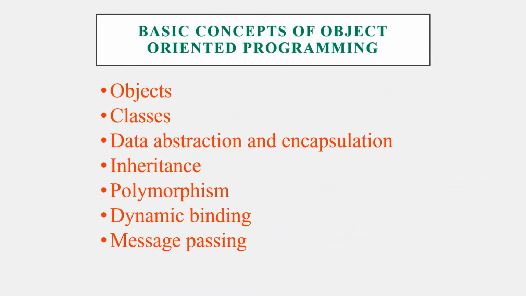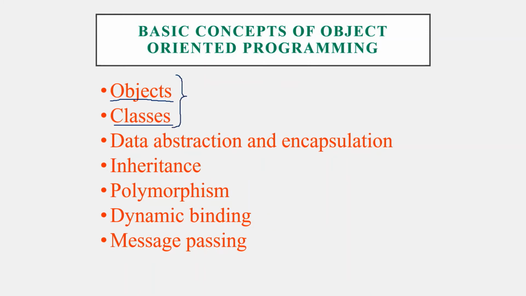These are the basic concepts of object oriented programming. So there are a number of things here. Now, as I told you, we are going to see only the first two concepts. So objects we are going to study, then classes. Maybe in the next class, we'll be looking at the remaining things.